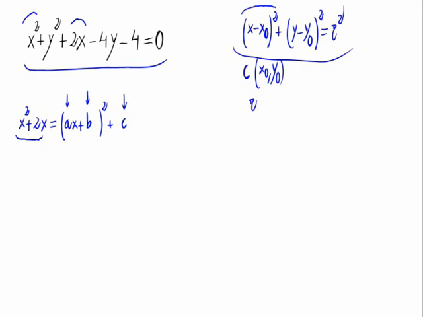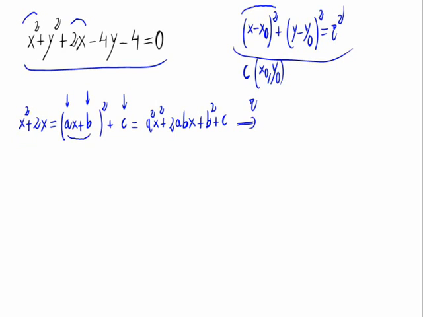For this, let's operate the right side of the equal. So this is a squared times x squared plus 2 times a times b times x plus b squared plus c.